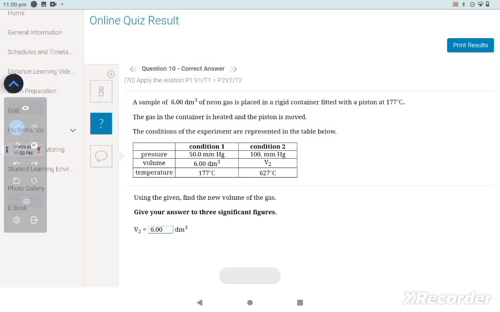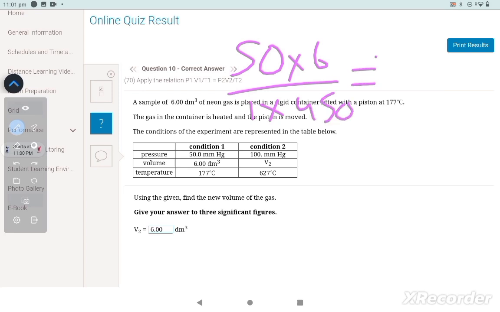Okay. This one, same again. 50 times 6 over 1 times 177 plus 273, which we get 450, is equal to 100 times V2 over 1 times 627 plus 273, get 900.